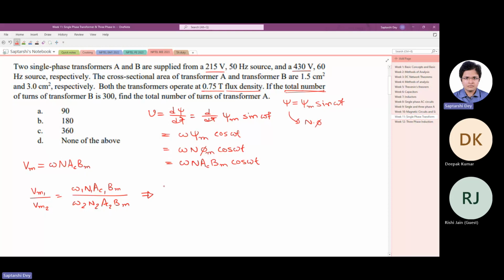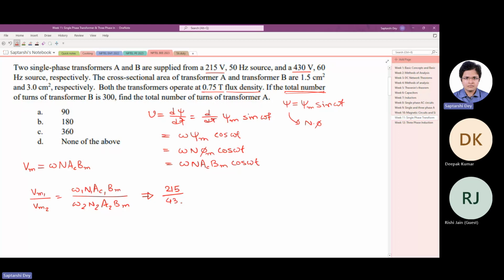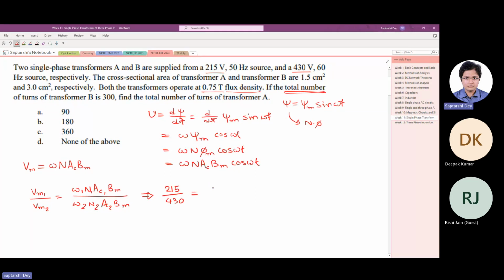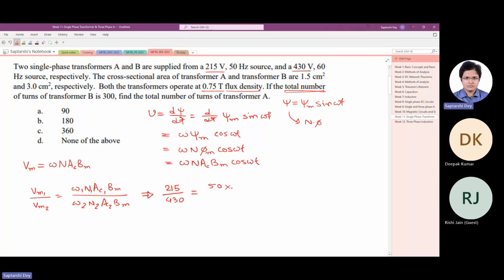So we can write 215 by 430 equals, and omega is in radian per second, but since we are finding a ratio, we'll simply write whatever is there in hertz, 50 times N1, which we have to find out.